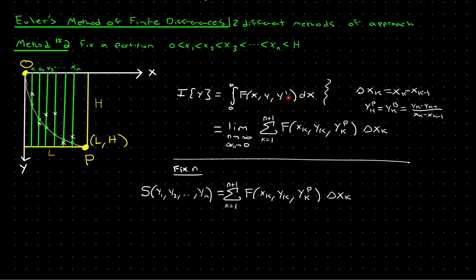the idea behind method 2 is really the same idea behind method 1. What we're going to do is try to optimize this multivariable function of y1 through yn and see if we can't arrive at the correct solution to the problem that we showed via method 1.